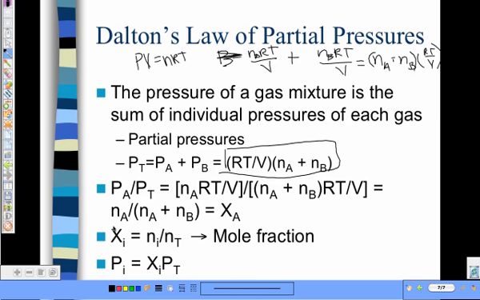You can substitute any letter in there. You could substitute oxygen, nitrogen, whichever gas it is. So X, the mole fraction, is equal to the number of moles of that gas divided by the total number of moles. And that is our mole fraction for the whole mixture.